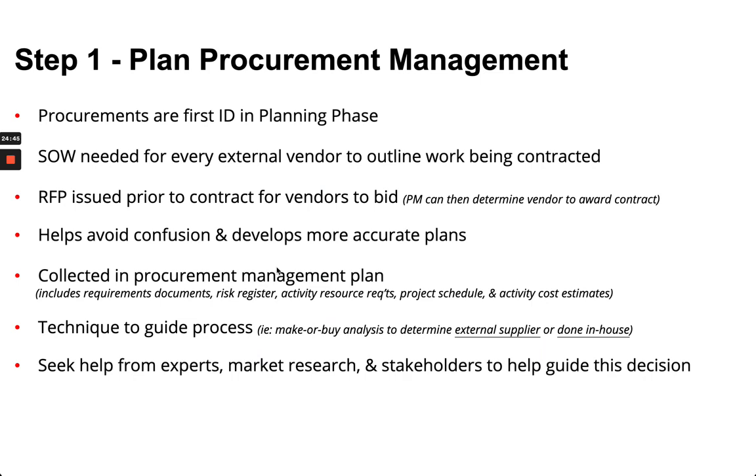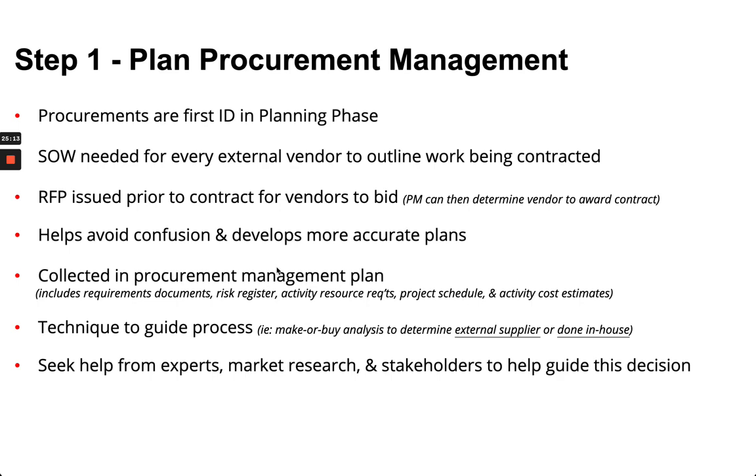Step number 1, the actual plan. You need to identify what is needed. A statement of work may be needed, especially if you go outside and formulate a contract. A request for proposal, RFP, would then potentially be issued.